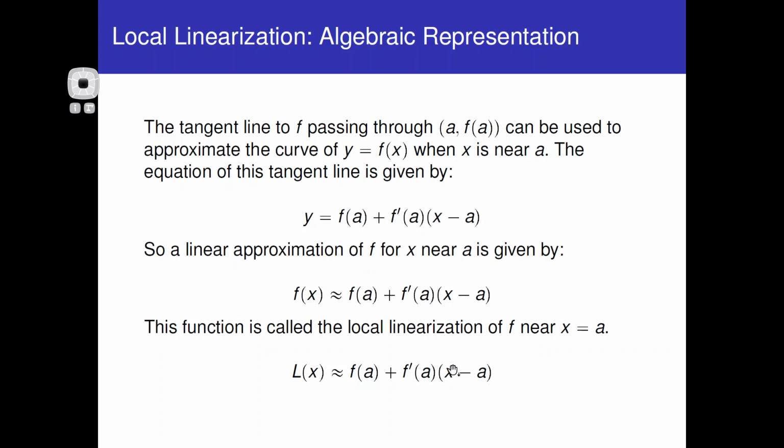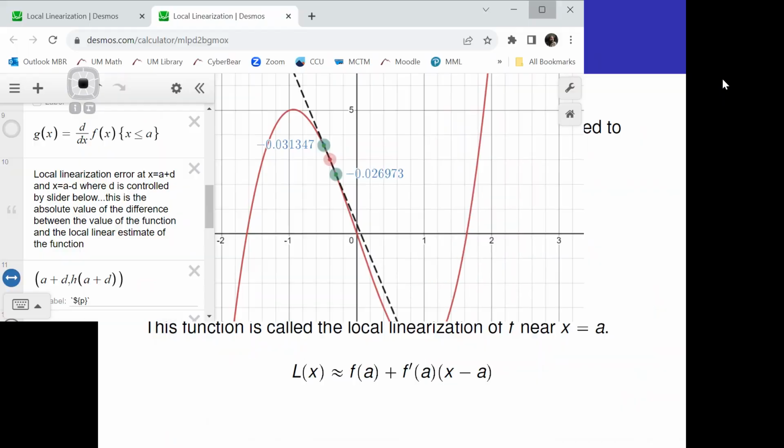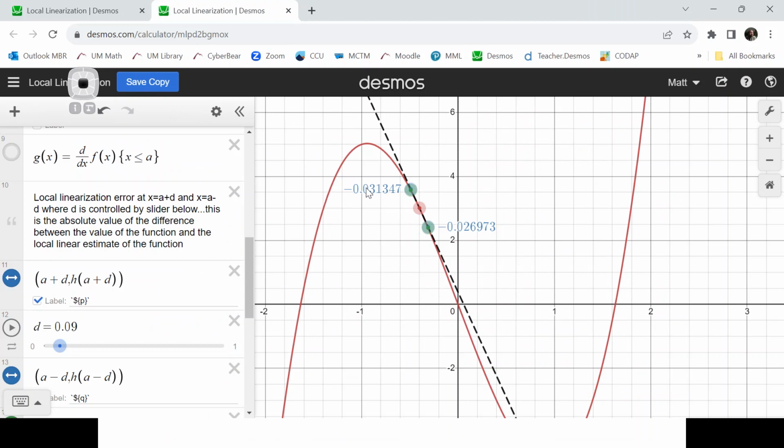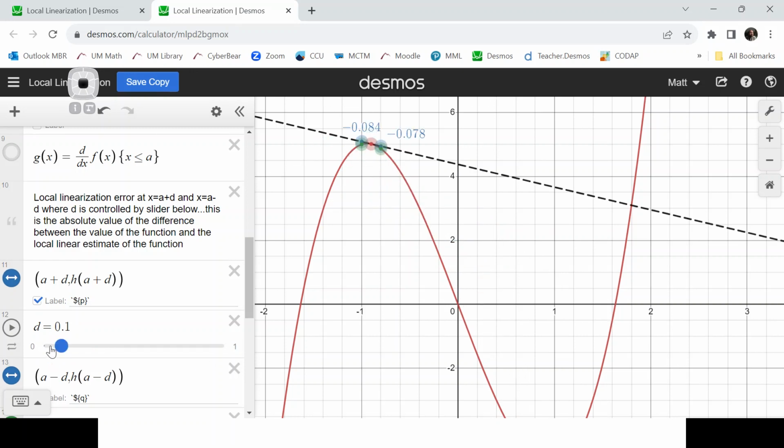I mentioned when we were looking at the graph, I'll pull it down again, of this local linearization phenomenon, that one of the things we're really interested in are these two numbers, right? These are the numbers that tell us how good it is in estimating the function. It's really good in here. Do you see that? But if I move the point of linearization to a spot where there's more curvature, you can see that errors are really bad in here.